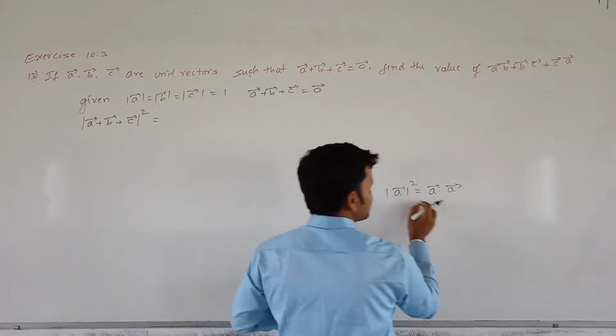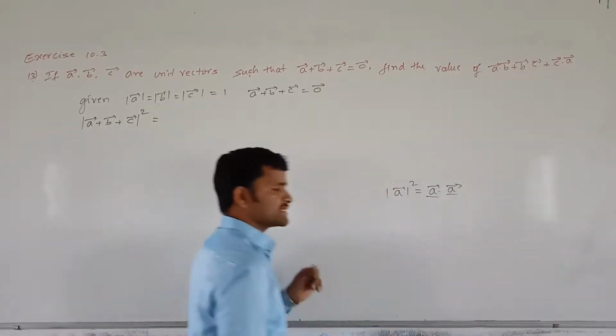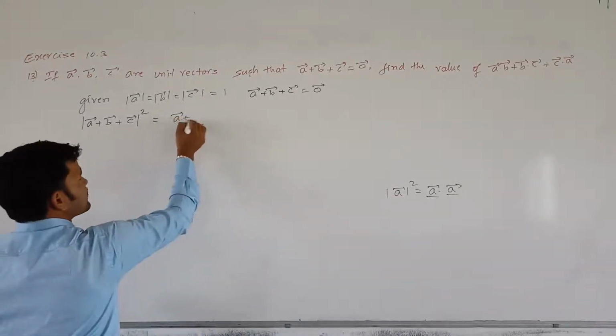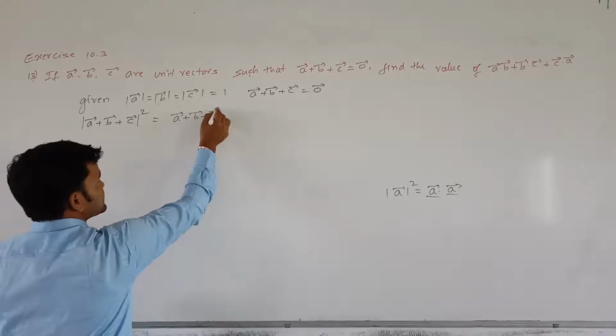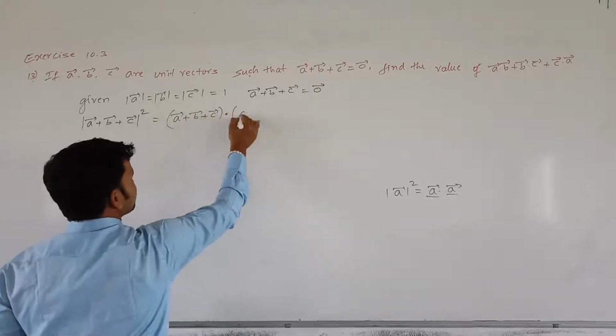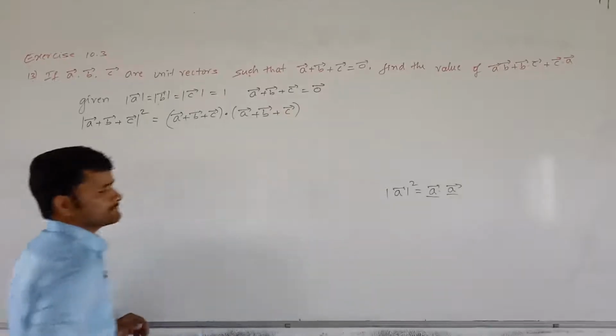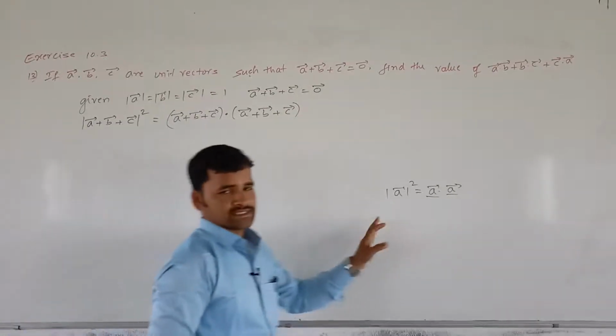Magnitude of vector A square is equal to A dot A, like this it is given. So in the same way here it will be vector A plus vector B plus vector C, which will be in a dot product with vector A plus vector B plus vector C, according to this definition.